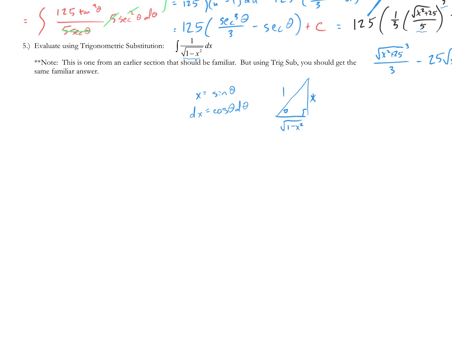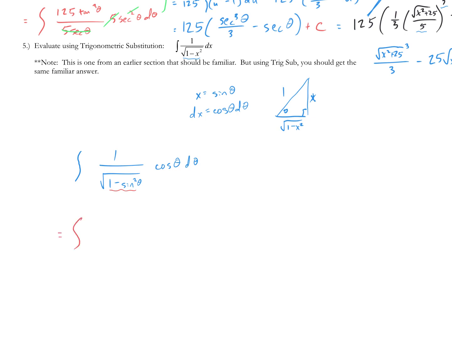So let's plug in that trig substitution. And we get the integral of 1 over the square root of 1 minus sine squared theta. And then dx is cos theta d theta. There we go. Now let's simplify under the radical. 1 minus sine squared theta.